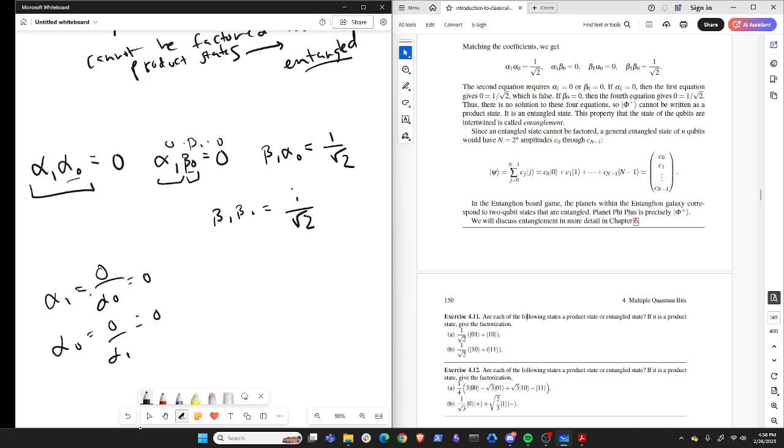But we know that this makes sense. So alpha sub 1 is 0. The question I kind of lost track of is how that helps us actually isolate beta sub 0 and everything else.